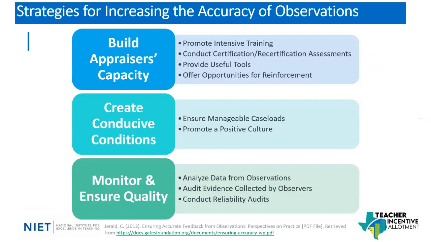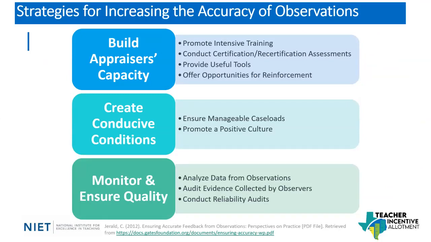Next, we will review some strategies for increasing the accuracy of observations. These three areas are critical when considering strategies for building capacity of appraisers in schools and across your district. Step one is to ensure that you are consciously and strategically building appraisers' capacity.